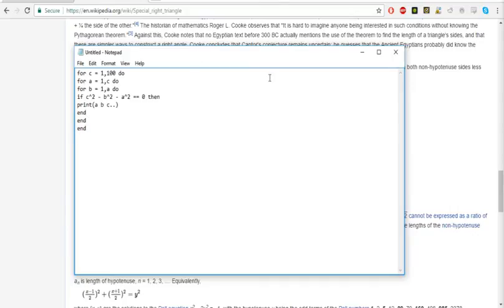And then that would pop up a bunch of right angled triangles.